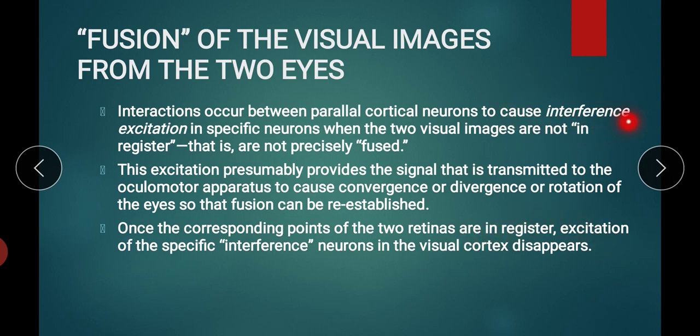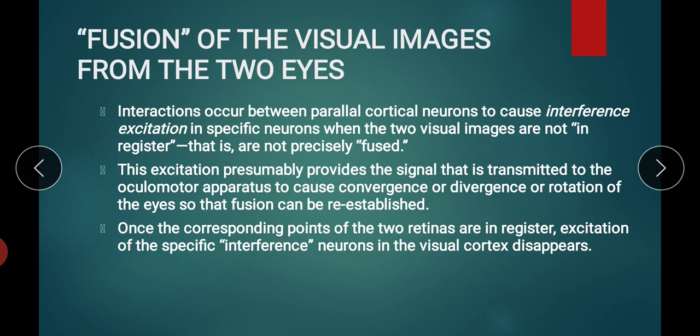So earlier the interference neuron is excited, but when the images fall on the corresponding points and are properly registered in the visual cortex and properly fused, at that time the excitation of this interference neuron stops. These interference neurons do not remain continuously excited once the image is properly fused.